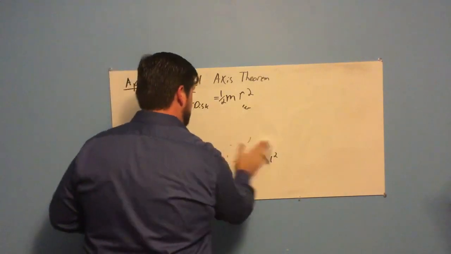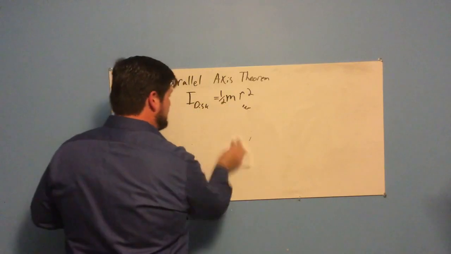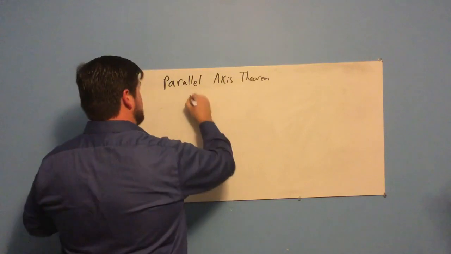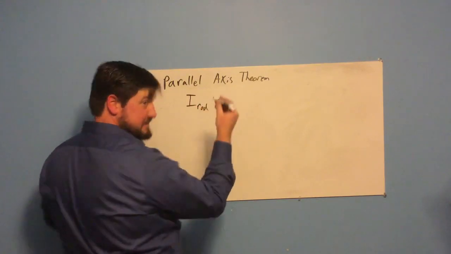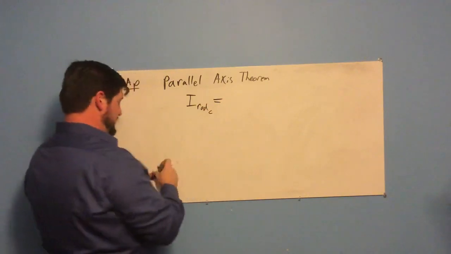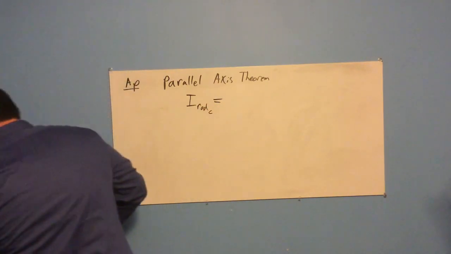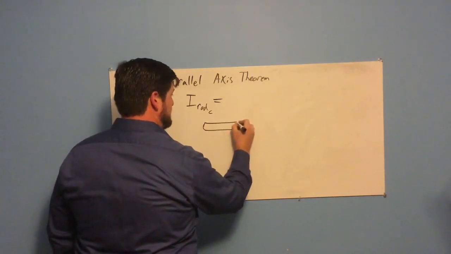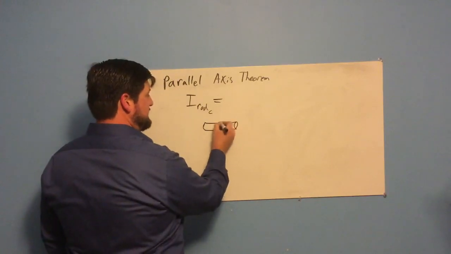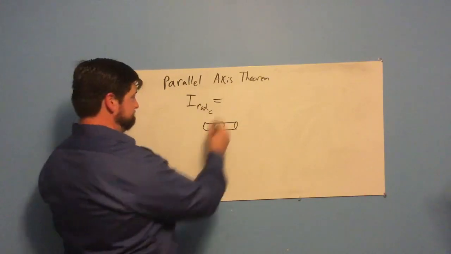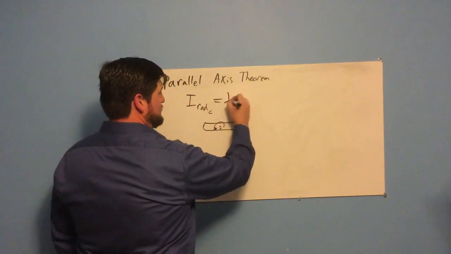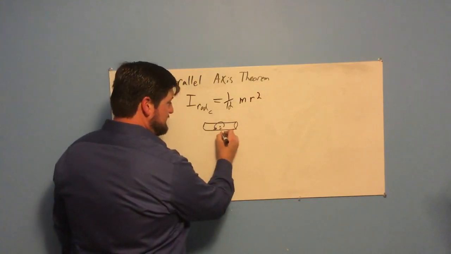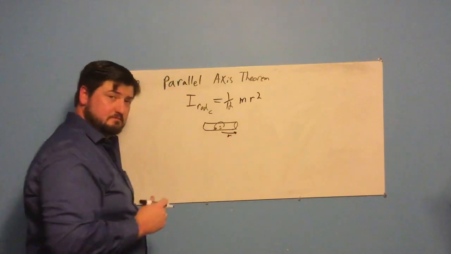So for a rod about the center, the moment of inertia for a rod or a cylinder about its center point is going to be, if we have our cylinder like so, and we're rotating it about this point, C, the moment of inertia for that is going to be 1/12 mr squared. And r, again, is going to be the distance from the center point over.